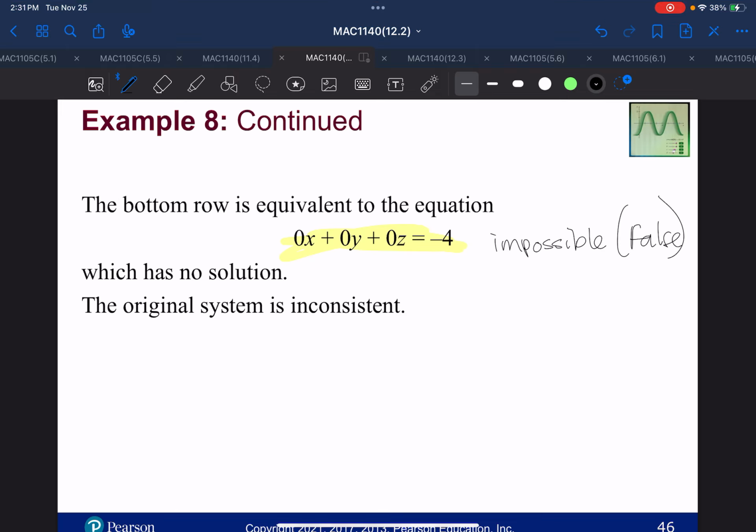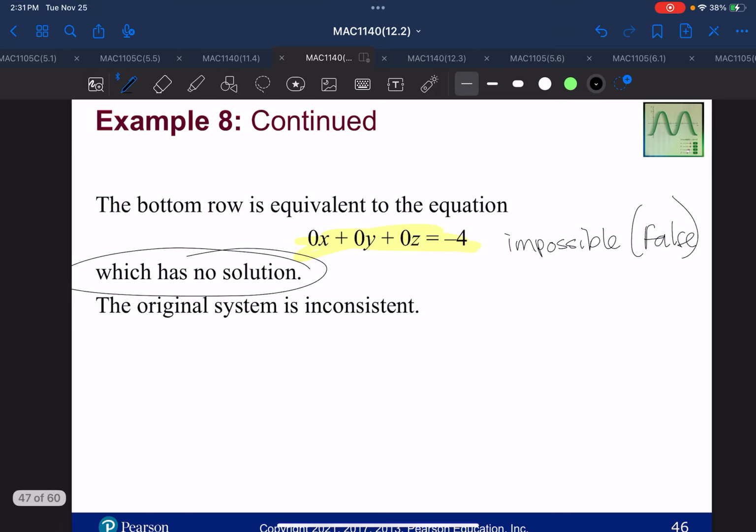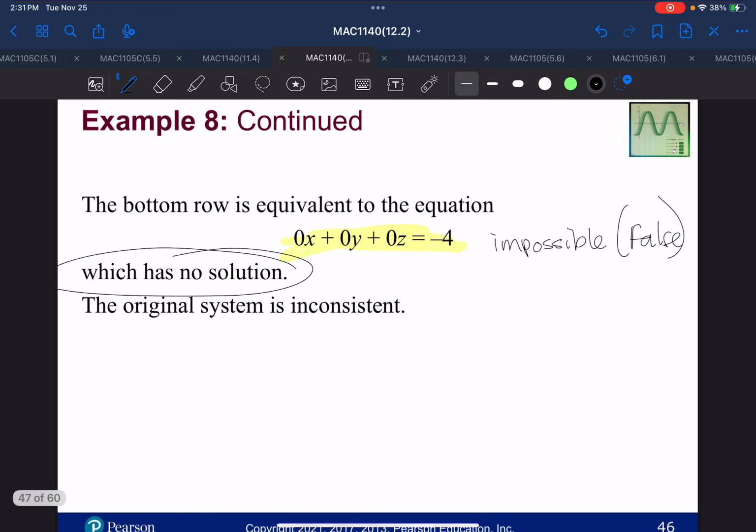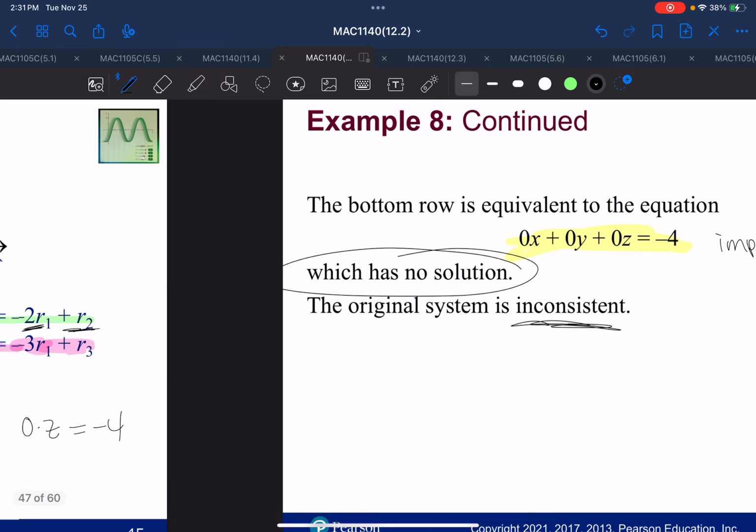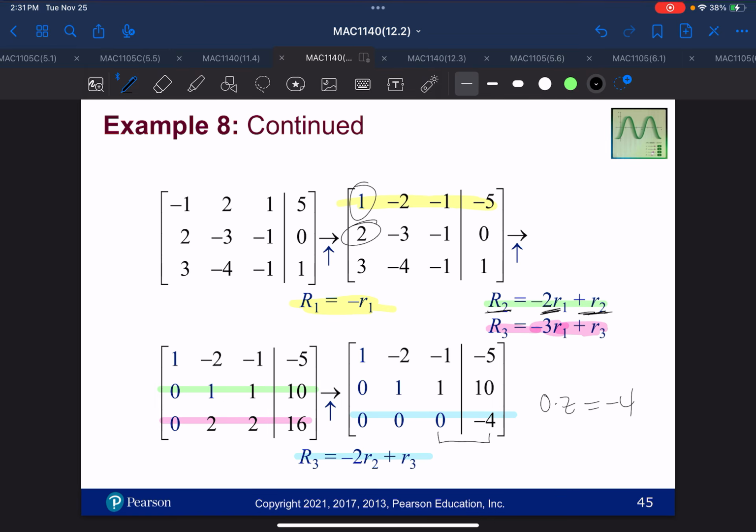So there is no solution to this system. So it is inconsistent. So if you get your matrix down to where everything is equal to 0 on the left, and then you still have a number on the right, that is going to be inconsistent.